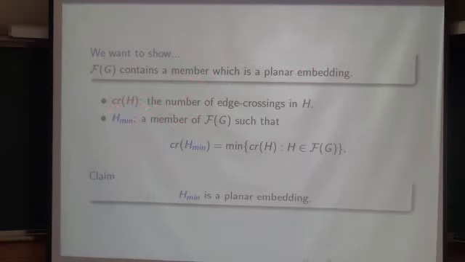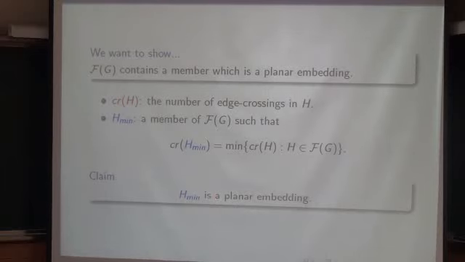Let cr(H) be the number of edge crossings in H, and let H_min be a member of F(G) such that the crossing number of H_min is the minimum of the crossing number of H, where H is in F(G). Then we claim that H_min is a planar embedding, right?